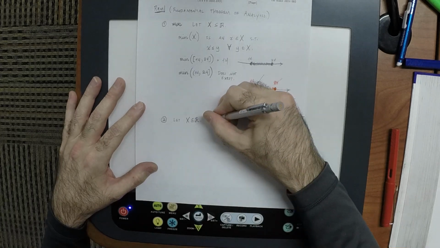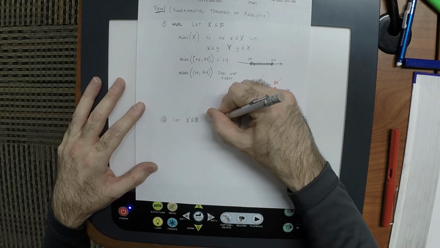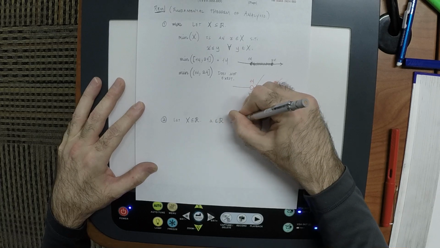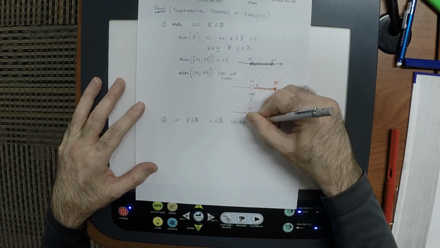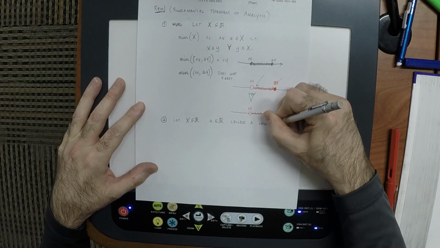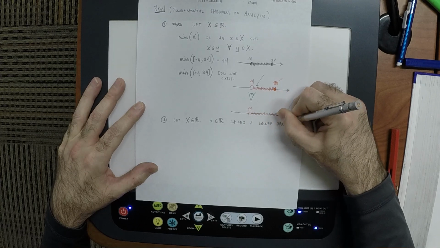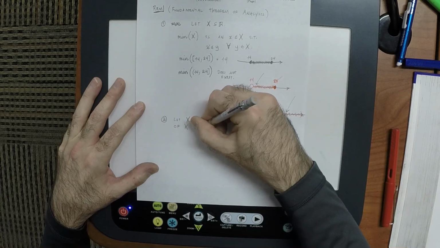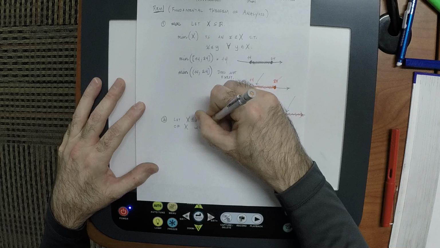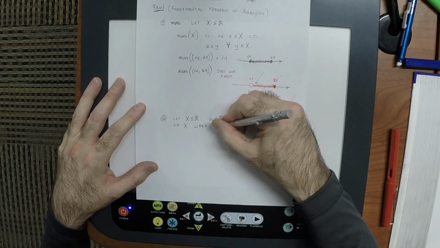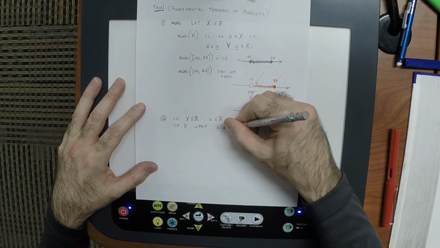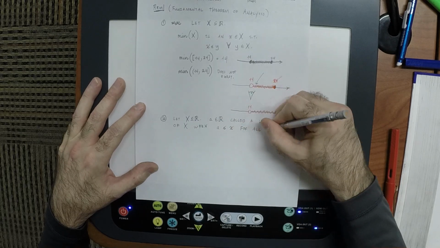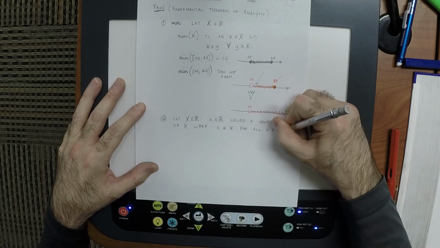So a point A in the reals is called a lower bound of X when A is less than or equal to x, little x, for all little x in big X.